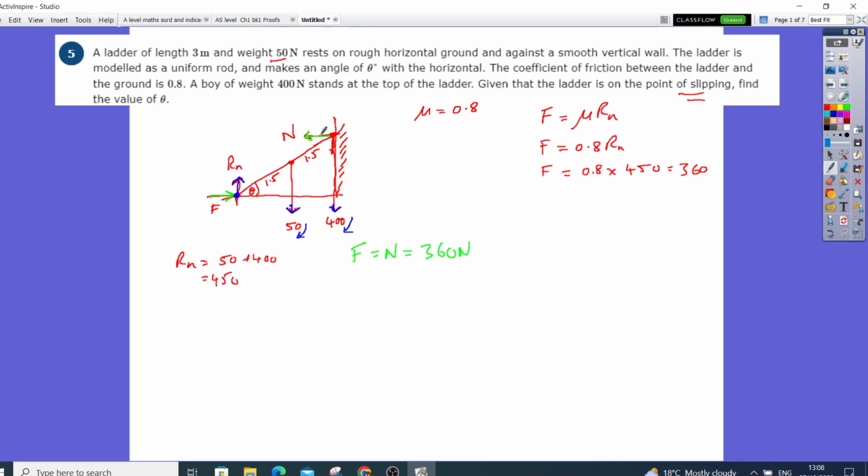And this force is going all the way along here, going anti-clockwise. Because it's still in equilibrium, any force going through this point, let's call this A, any force going through A doesn't count, because the perpendicular distance to that force is 0. Okay, so let's take the moment at A.